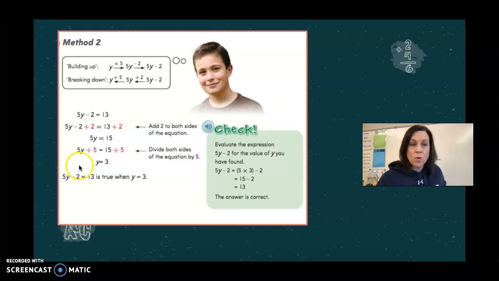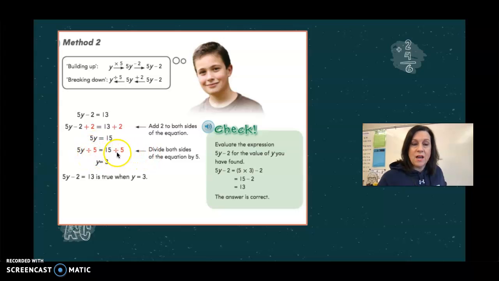So down here is where we were at. Because you're multiplying here, you're doing the opposite. You're going to divide. 5y divided by 5 equals 15 divided by 5. So what you come up with is y equals 3, because when you divide 5y, it cancels it out.